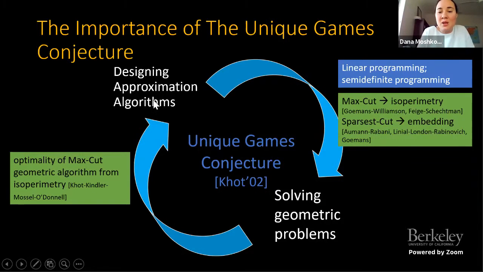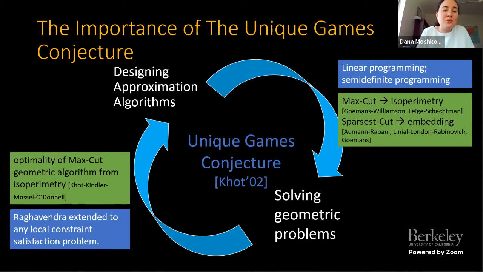Basically, those discrete problems are essentially equivalent to the geometric problems. This was extended to any local constraint satisfaction problem. It was also extended to covering problems and to many other problems. With the unique games conjecture, we could get hardness results that we couldn't get any other way. So that's the short pitch for why I care about the unique games conjecture.